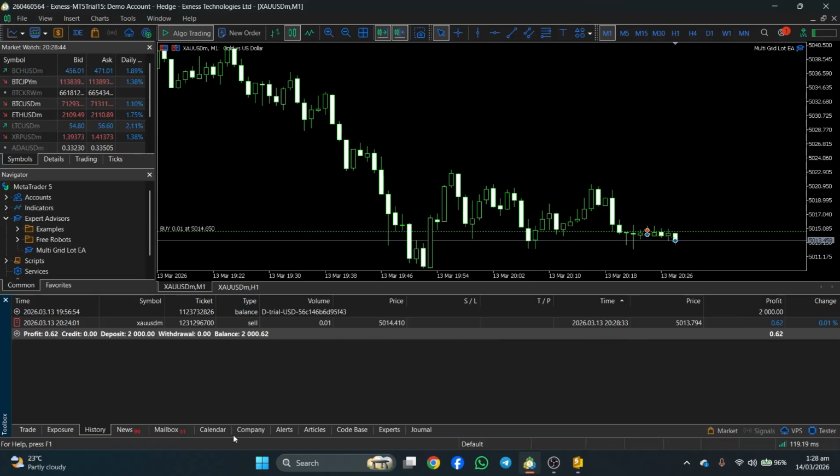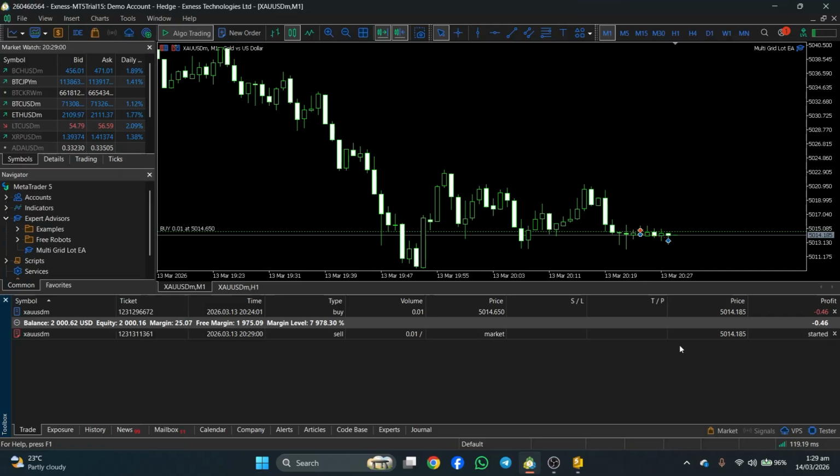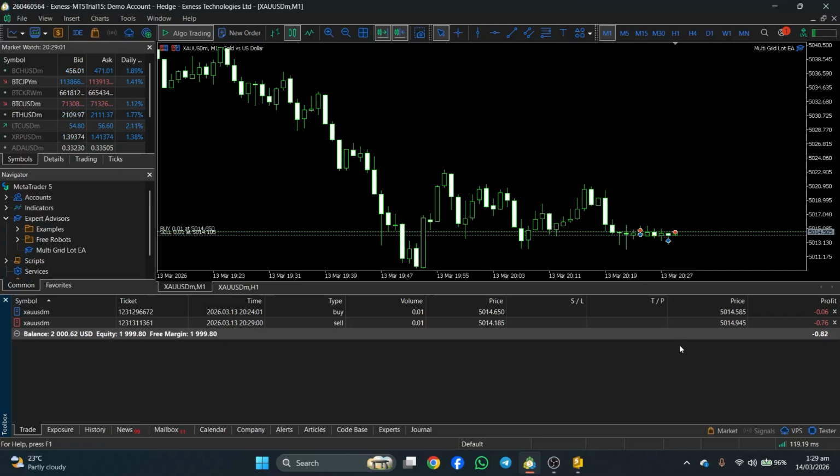You can see here our sell trade is closed and we are waiting for the candle to close. Whenever the candle is closed and we are more than 100 pips away from the last open trade, then we are going to open another trade. Here you can see we have opened a sell trade, not a buy trade. Why? Because buy was not far away from that.